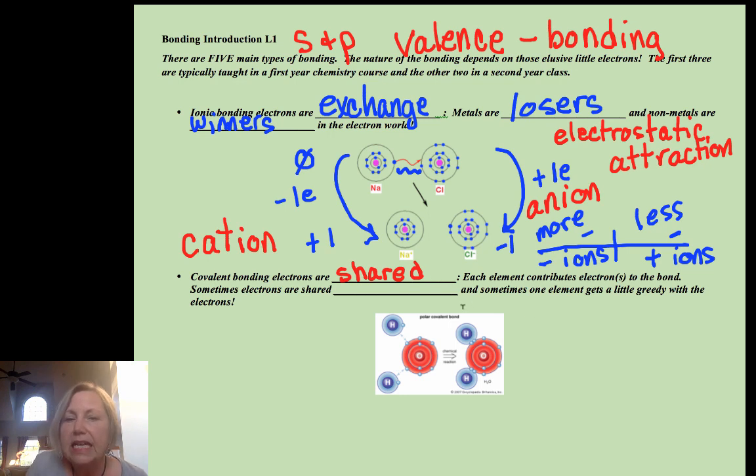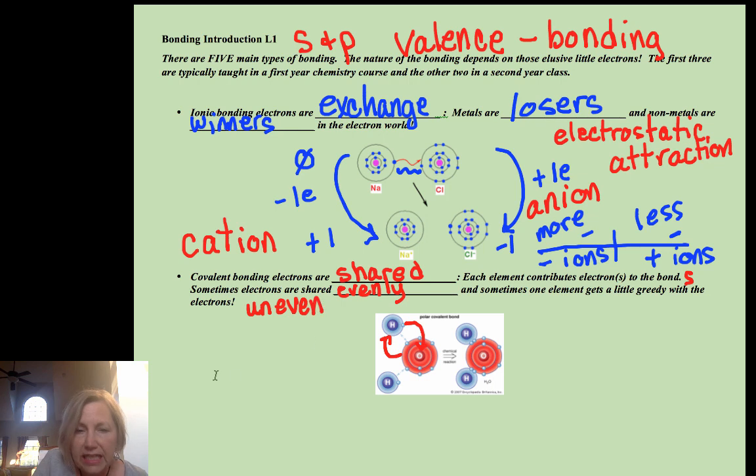So in this case, the valence electrons on one atom are attracted to the nucleus of another and vice versa. So they're shared. Now, each element contributes electrons to the bond or bonds, and sometimes they are shared evenly, and sometimes that sharing is uneven.